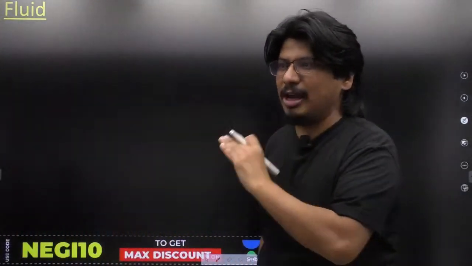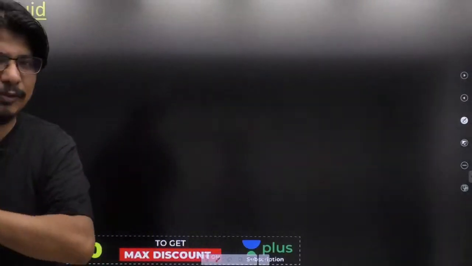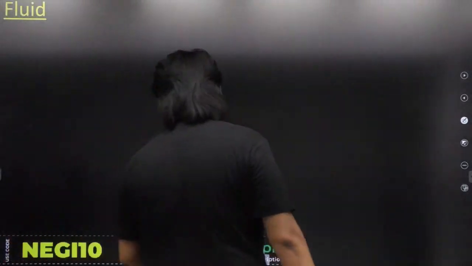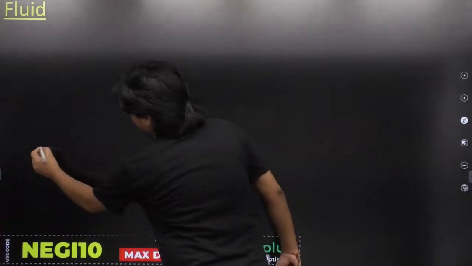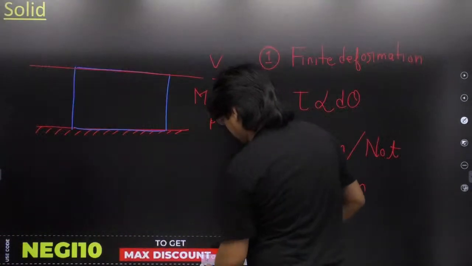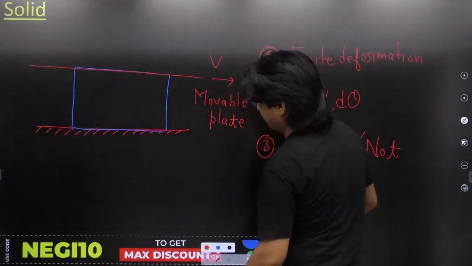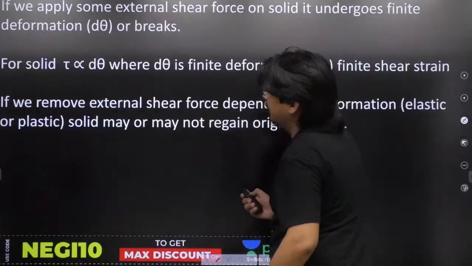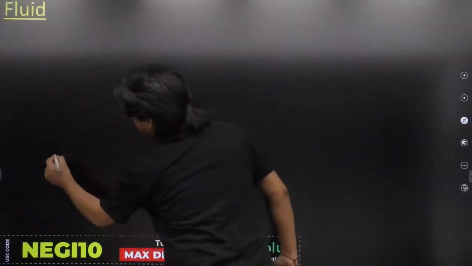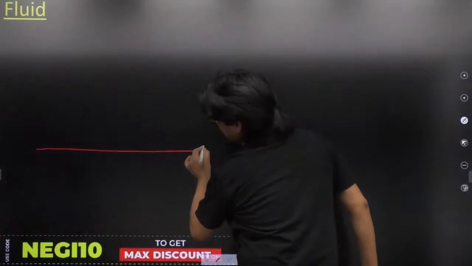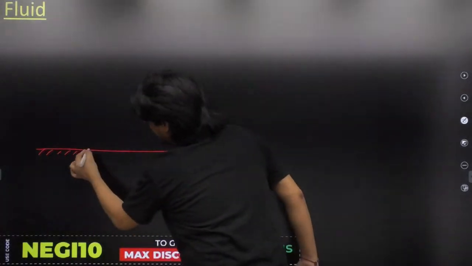Chalo, next, fluid. Anyone in the class, are you able to recollect what is fluid? Look at here, we have discussed na? Let us suppose I am having a fixed plate.